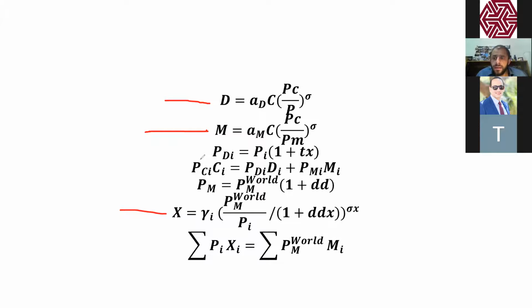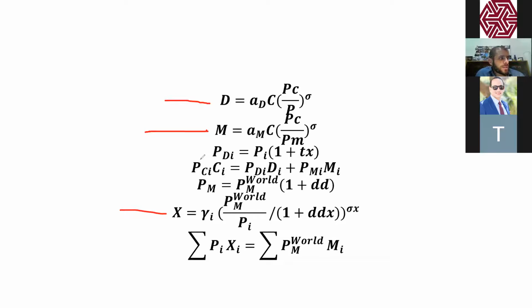But in general, to start with, if you remember when I was presenting the general idea of CGE models, we said that exported goods and domestic goods are not perfect substitutes. Why are they not perfect substitutes? Because in order to export my goods, I have to add some characteristics to these products.